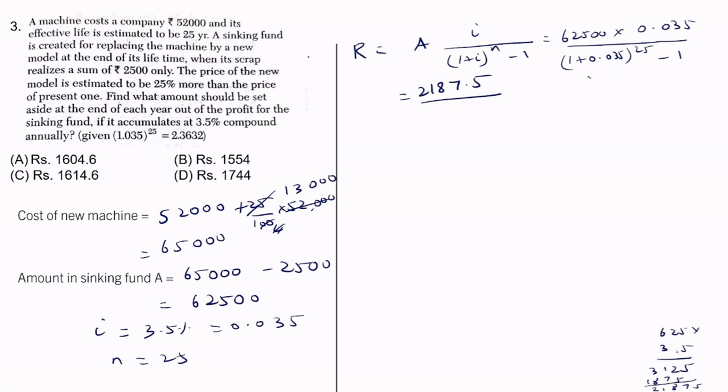So this is 2.3632 minus 1, which will be 1.3632. So again we have to divide this 2187.5 divided by 1.3632. So when we divide, we get it as 1604.6.